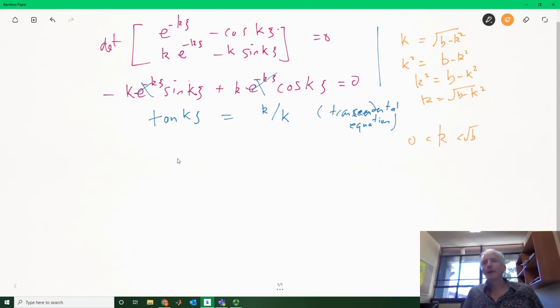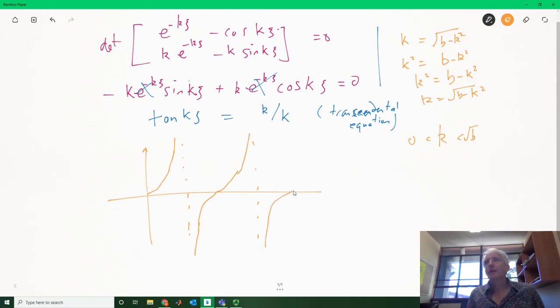So let's have a look at the picture of this solution. It's not drawn in the notes, but it's quite handy to see it. Here's tan. So tan looks like that. Great job of drawing tan.